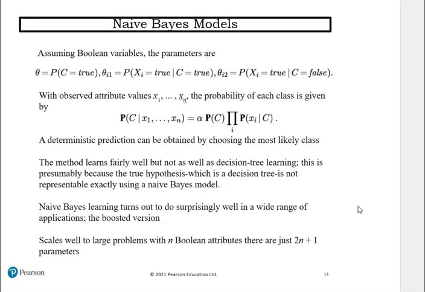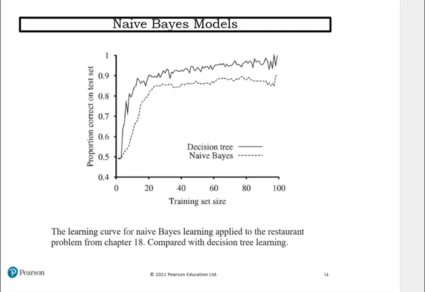Here you can see a comparison between the performance of a naive Bayes model in dotted line and a decision tree model in solid. You can see the learning curve as the training size increases. It's not too bad given how simple the model is.